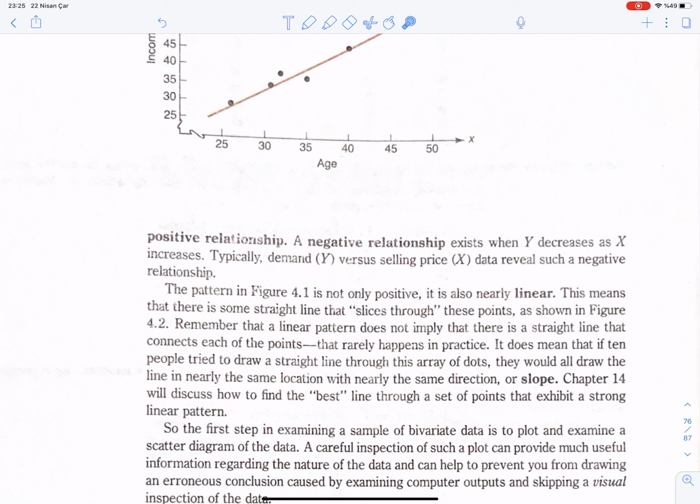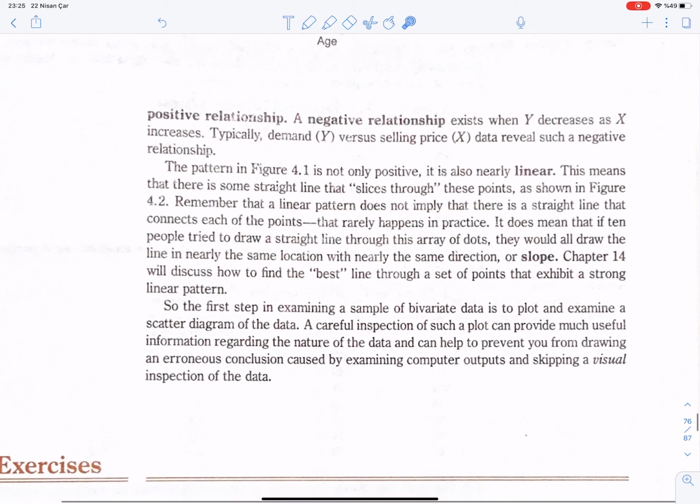So the more time you spend outside socializing, the fewer marks you get. So this is a negative correlation. A positive correlation would be, the more you study, the better marks you get. So that's a positive relationship.